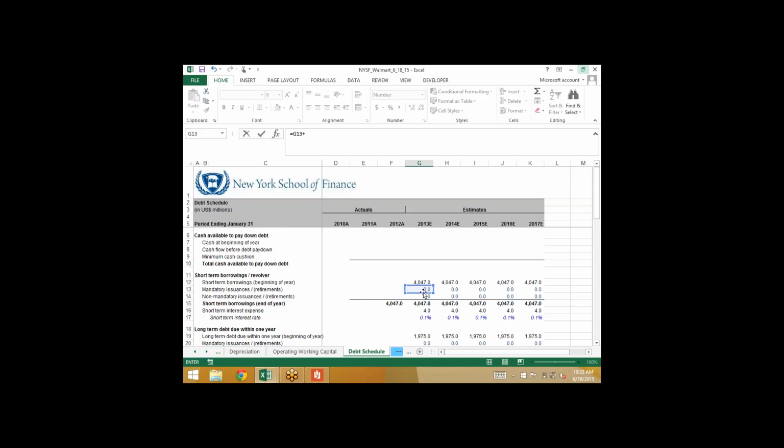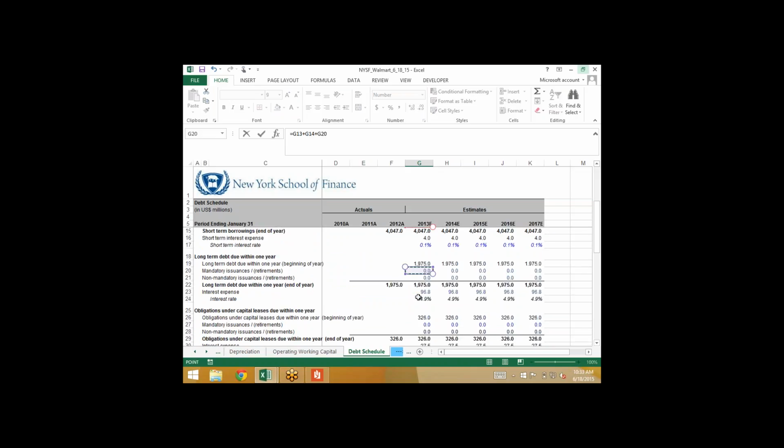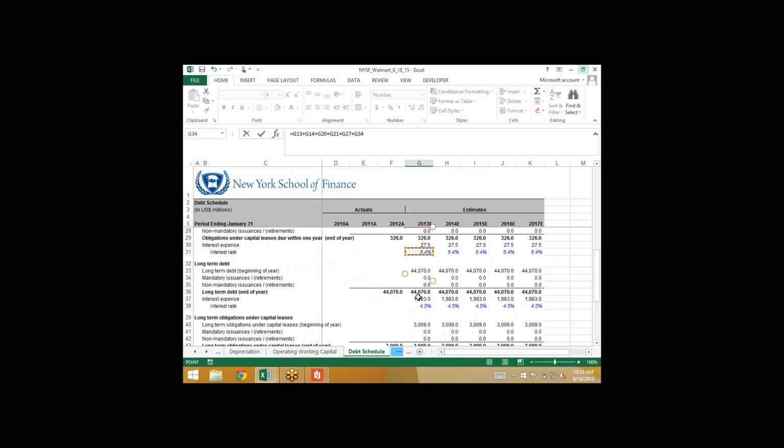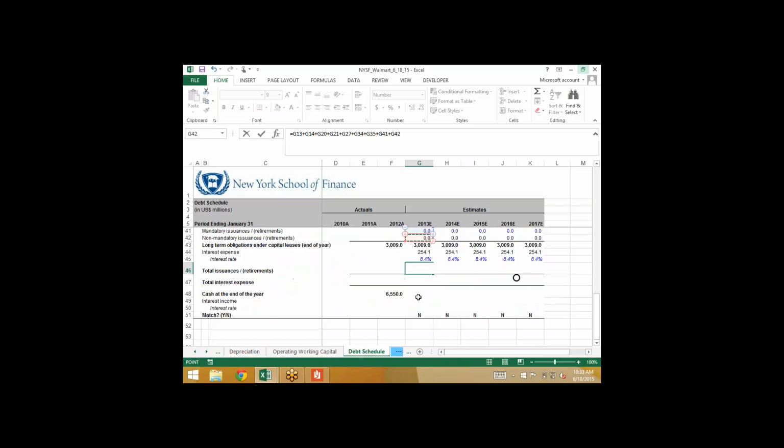Mandatory and non-mandatory for the short term. Mandatory, non-mandatory for long term, etc. So just get that in.